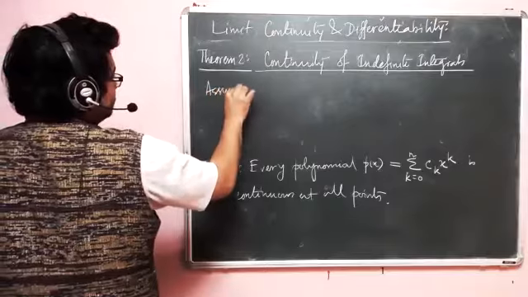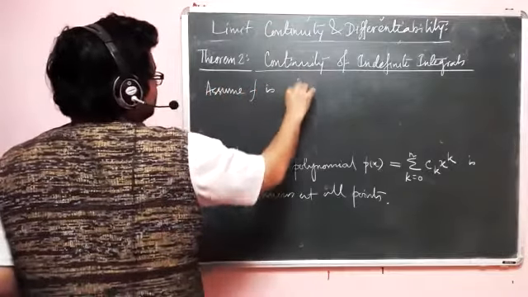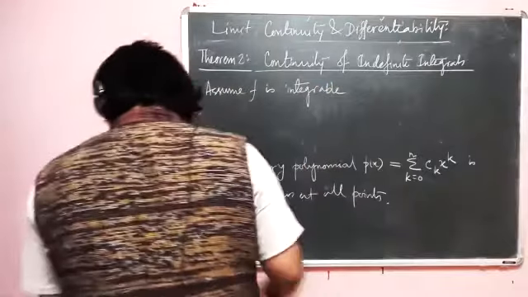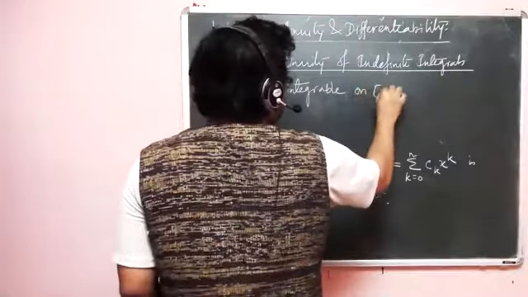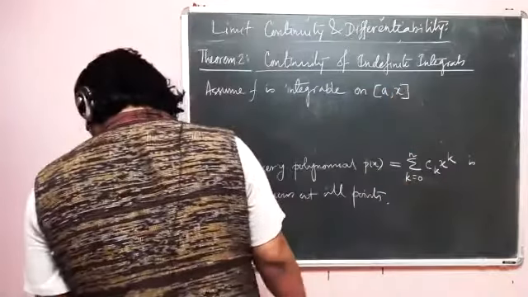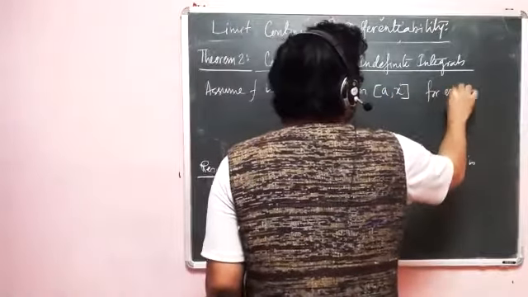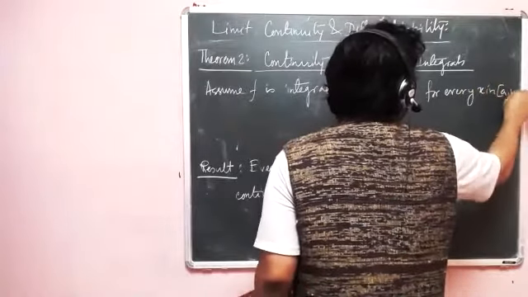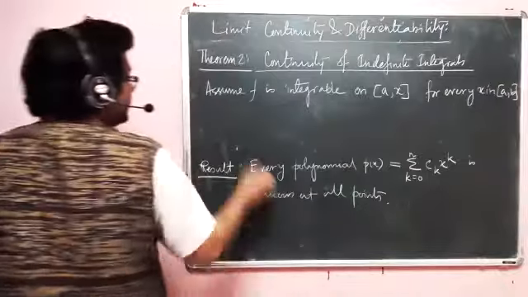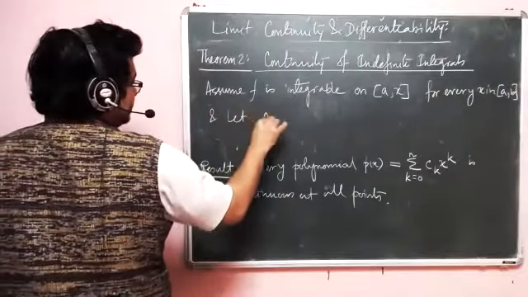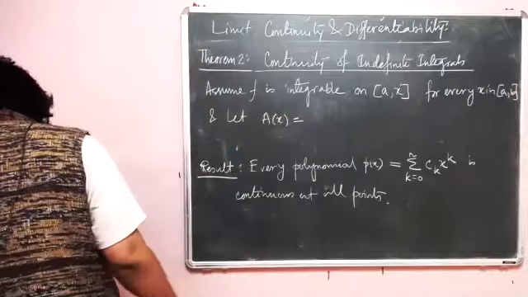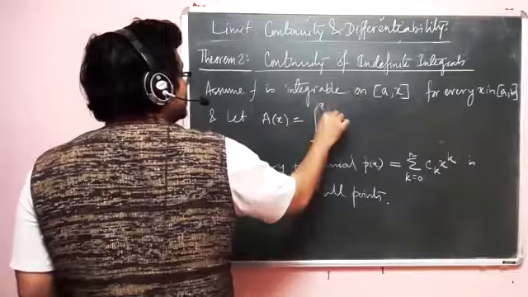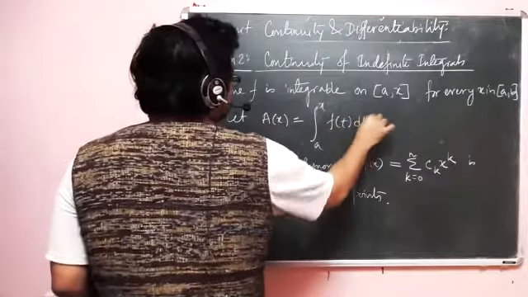Assume f is integrable on closed [a, x] for every x in closed [a, b], and let A(x) be equal to the integral from a to x of f(t) dt.